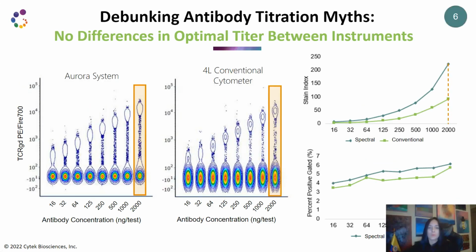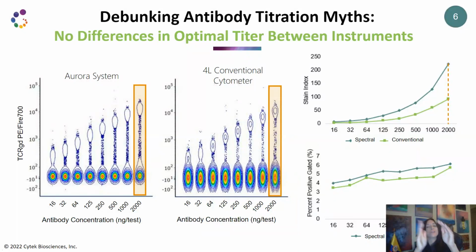So if I now go to a low expressed marker, because if an optical configuration or an optical layout has better efficiency or better sensitivity, then I will be able to see better dimly expressed markers. So if you look on the left, the Aurora system, titration for TCR gamma delta, what we are seeing once again is that at 16 nanograms it's difficult to tell, still doable, still separating.